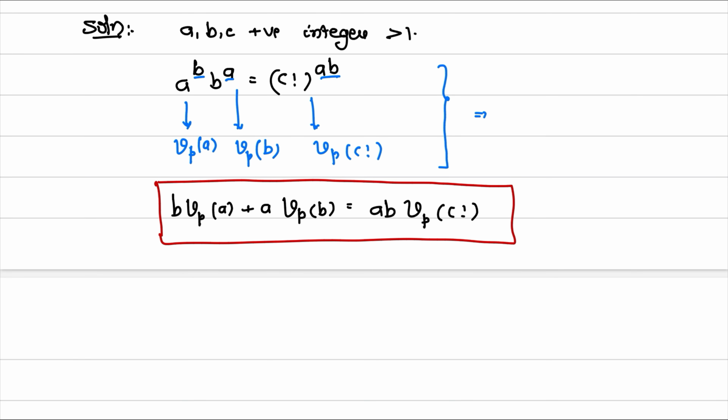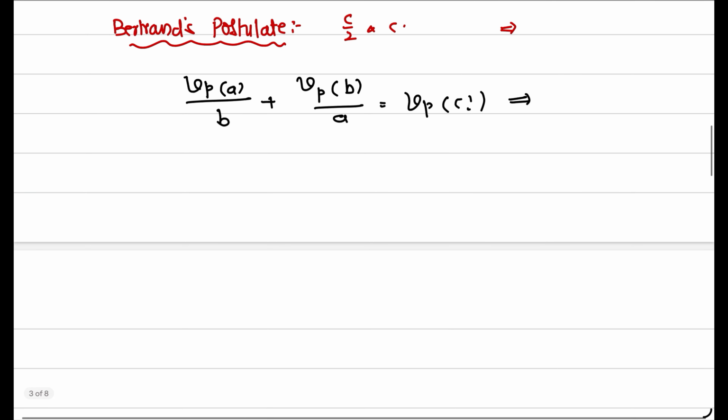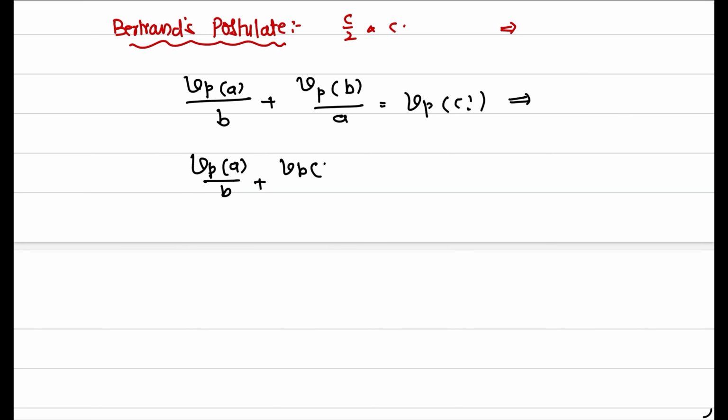That implies VP of A by B, here it is B, plus VP of B by A is equal to VP of C factorial, which implies VP of A by B plus VP of B by A is equal to 1.